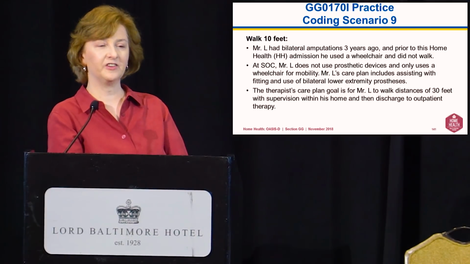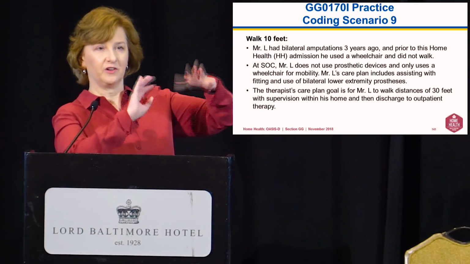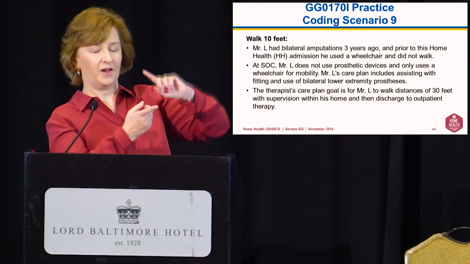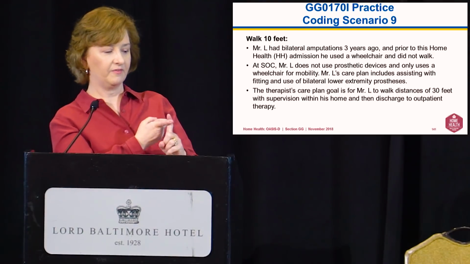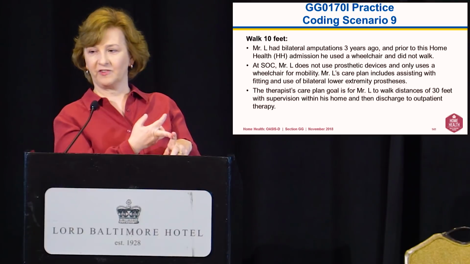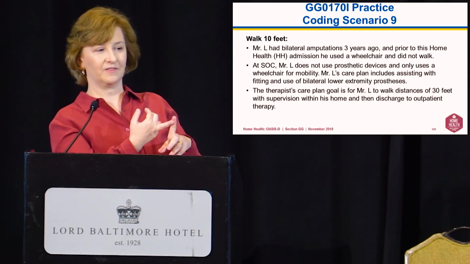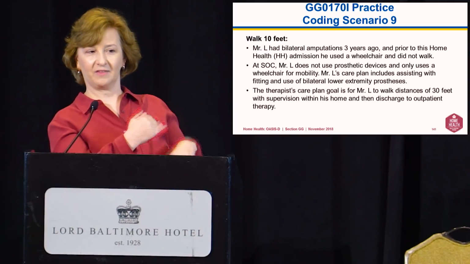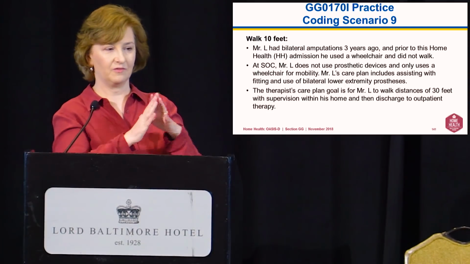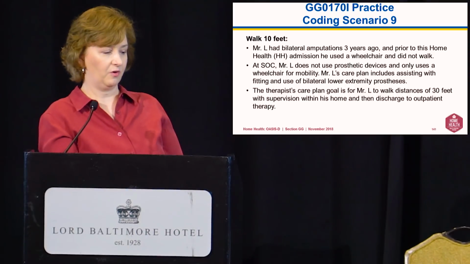If you were thinking through the decision tree for goal, you would say, okay, yes, there is helper assistance being provided. Is it more than supervision setup? Yes. Is it more than supervision touching assistance? I would say no. It is supervision. There's no lifting assistance or steadying of the trunk involved for the goal.